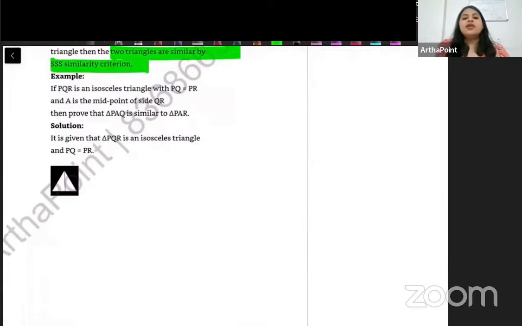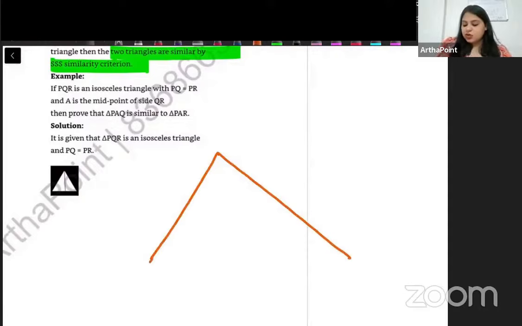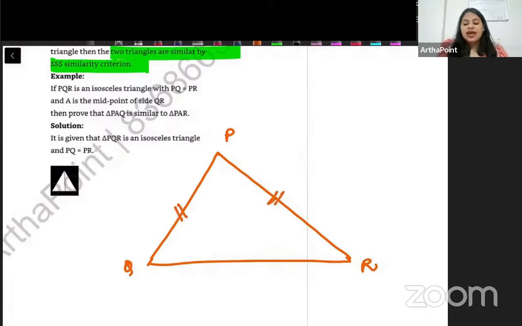If PQR is an isosceles triangle, that means two sides of the triangle are equal. So PQR. It is given, beta, that PQ is equal to PR. So this is equal to this. A is the midpoint of side QR. So beta, I am drawing a line through it.